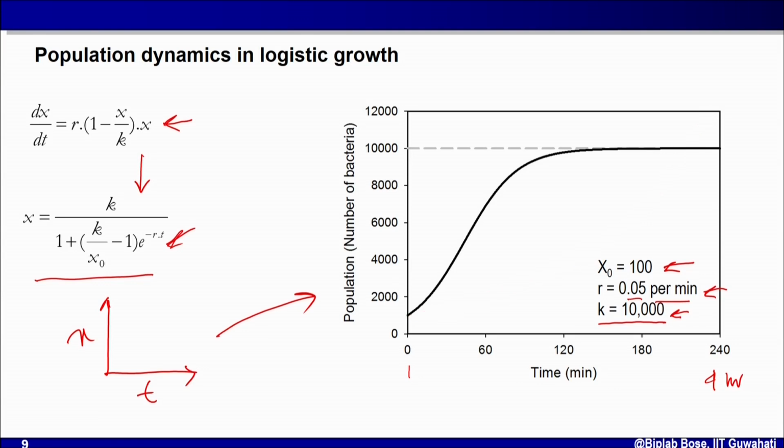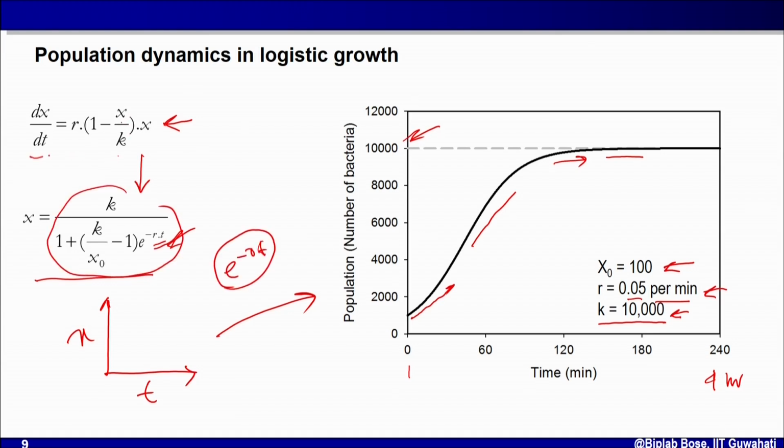You can see that in this case, the population is growing, and then after some time, it is saturating at the carrying capacity of 10,000. When x is smaller than K, your rate is higher. So initially you have growth. As t tends to infinity, this term becomes smaller and smaller, the denominator becomes 1, and x reaches K, the carrying capacity.